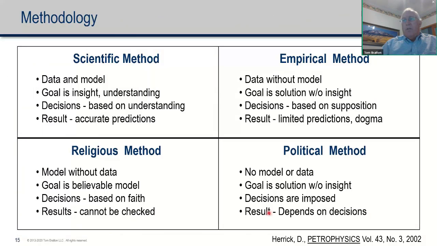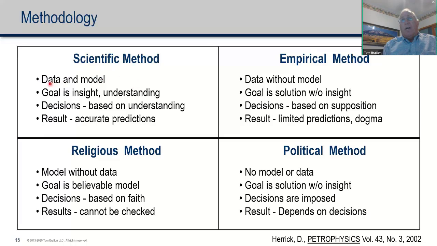Well, another paper that I read that was actually published in Petrophysics quite some time ago by David Herrick, he looked at different ways we solve problems, and it all revolved in his mind around the data that you had and a mathematical model that might help explain the data.